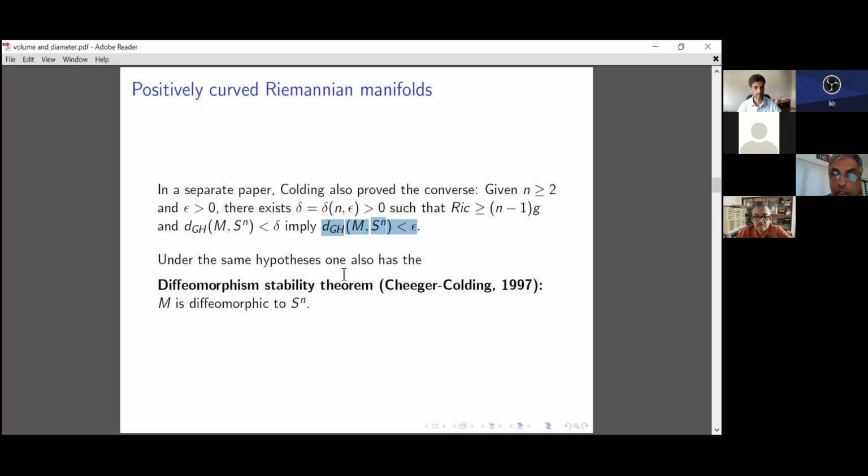And moreover, one has the diffeomorphism stability theorem of Cheeger and Colding, which says that under either of these two hypotheses, namely that given Ricci curvature is bounded below, either the Gromov-Hausdorff distance from the sphere is small or the volume is very close to that of the sphere, one can conclude that M is actually diffeomorphic to Sn, which is also a very strong conclusion.